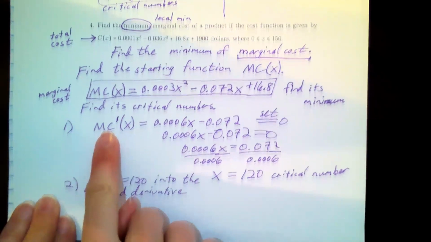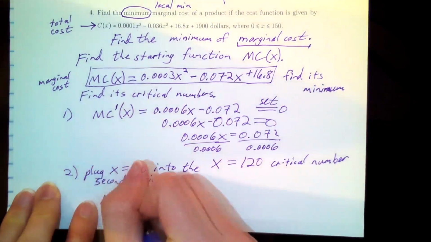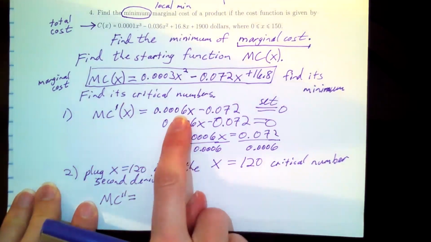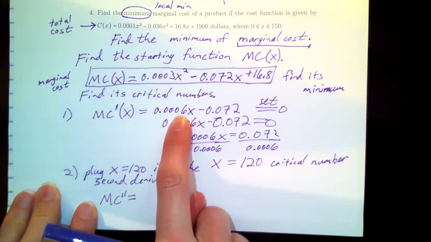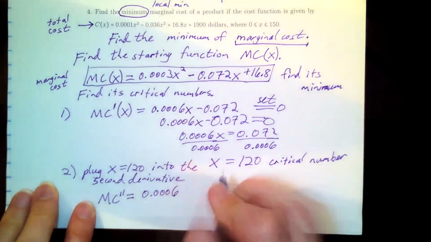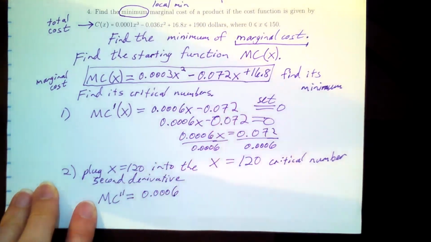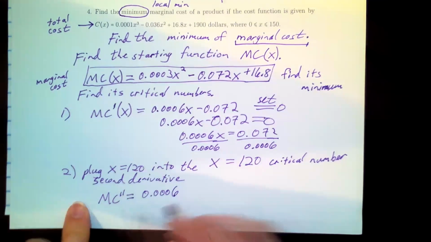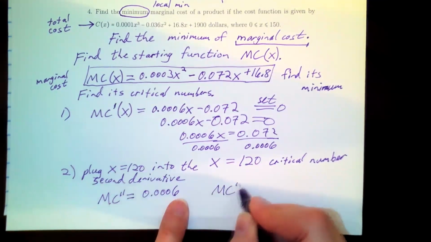So let's find MC double prime. Take the derivative of this again. The derivative of 0.0006x is 0.0006. The derivative of 0.072 is 0. So this is my second derivative. And this is MC double prime of x.